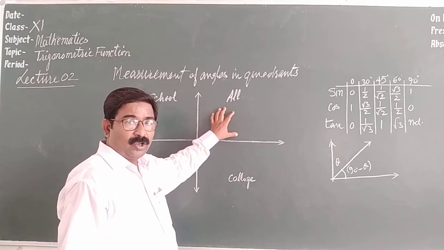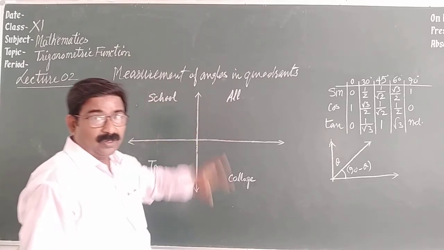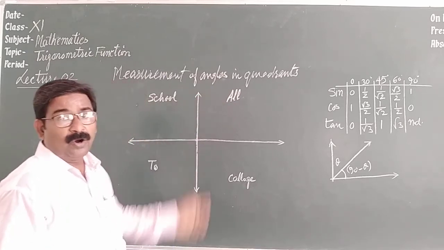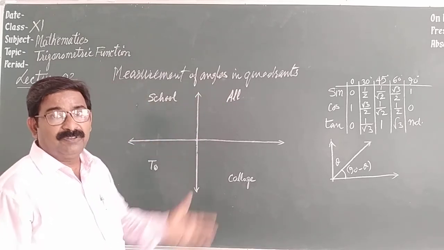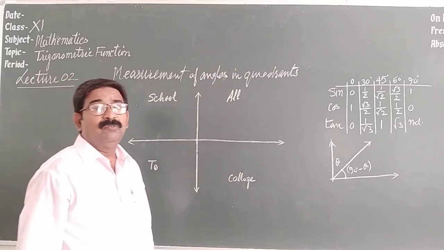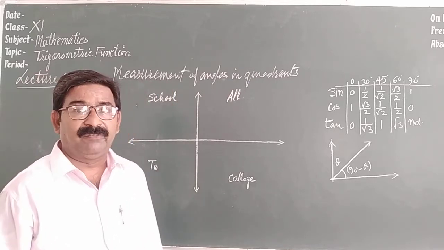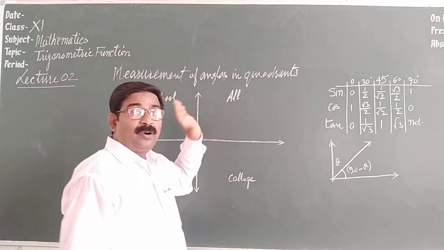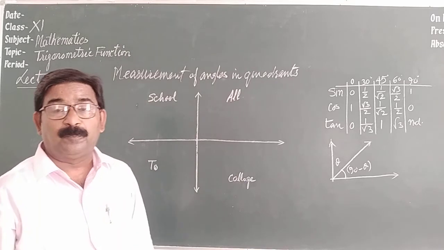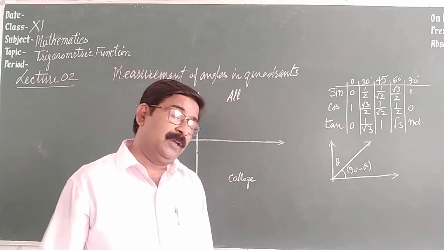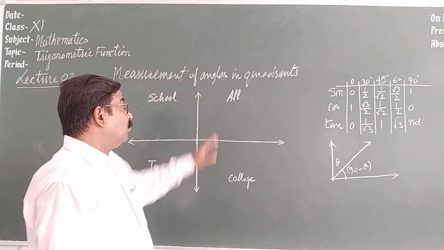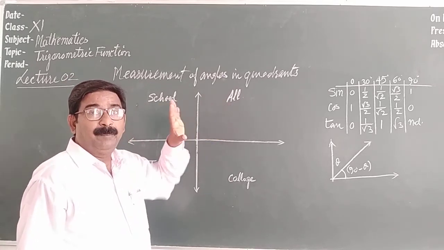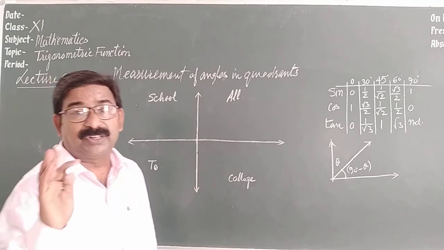All in first quadrant. All means the angles found in first quadrant, all the angles with all ratios will give positive value. Let me tell you one thing. Whatever names are mentioned here, the mentioned name shows positive value.